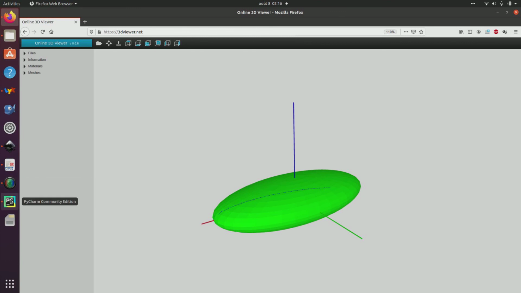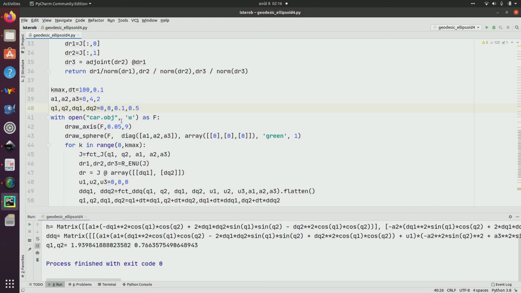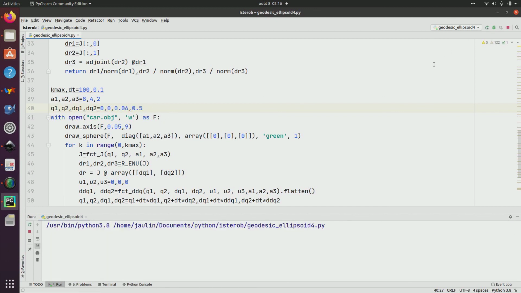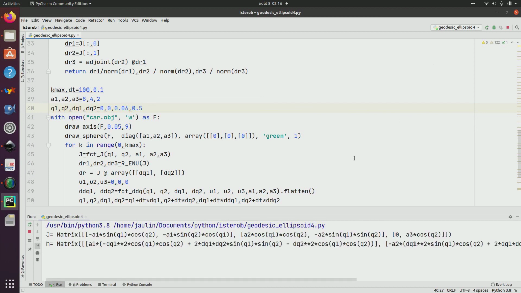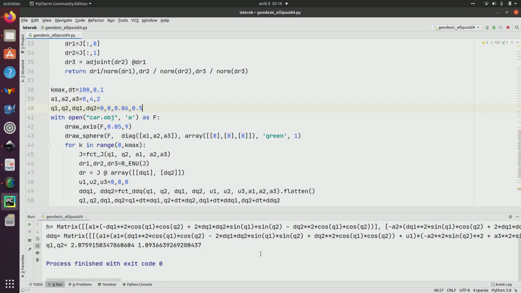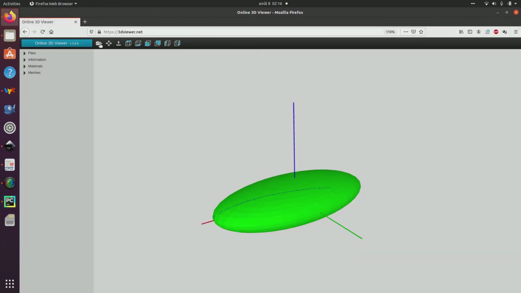I come back here and put, let's say, 0.06, something smaller, to go more to the vertical. I run it. After a while, I obtain almost 2 and almost 1, so I can consider that it is the geodesic I wanted.